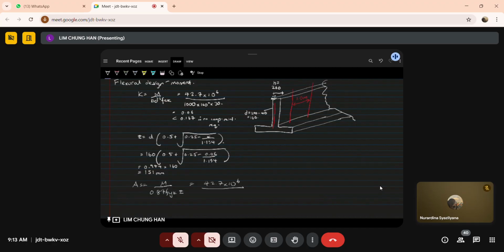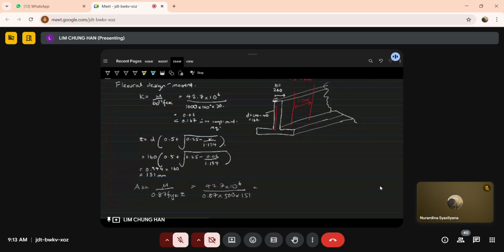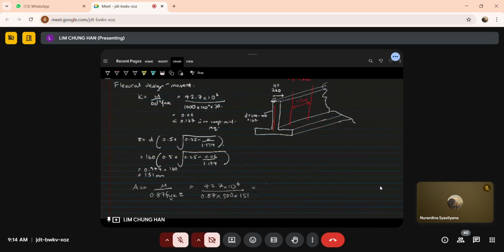All these steps, if you don't know what I'm talking about, you go back to the earlier classes. I've gone through the exact same formula. With Z is 151, the area of reinforcement required is not much, 650.